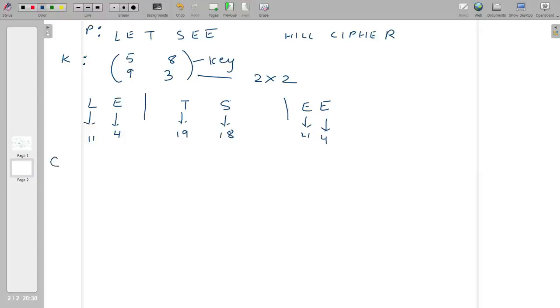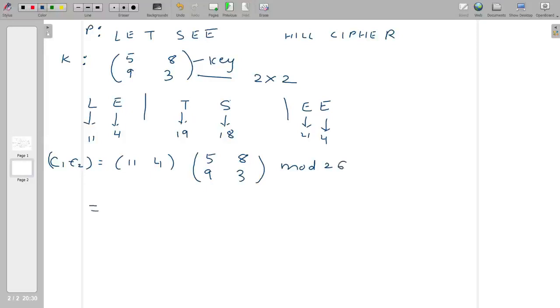So the ciphertext C1, C2 for L and E is going to be 11, 4 multiplied with 5, 8, 9 and 3. It will go this way and it is going to be a mod 26 operation.